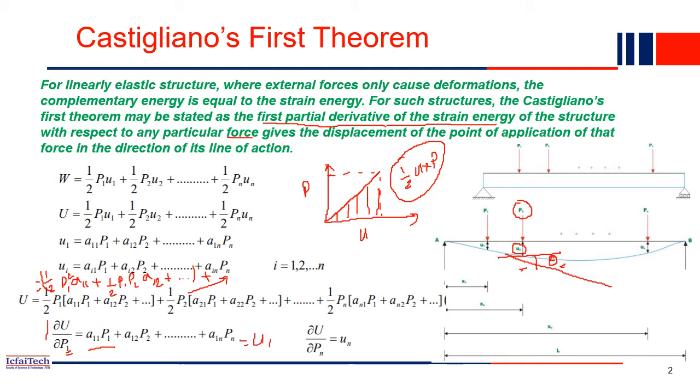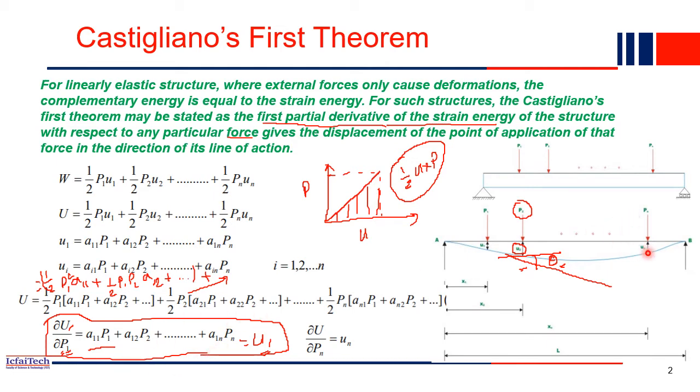That is Castigliano's first theorem. That means if you take the partial derivative of the strain energy U with respect to the load P1, we get the deflection U1. So very simple theory, and this is the proof of Castigliano's theorem.